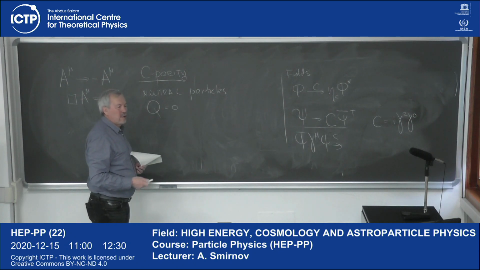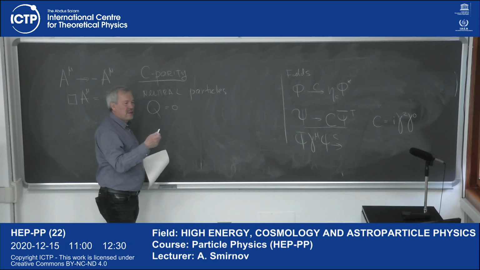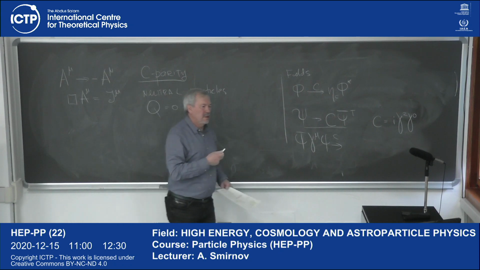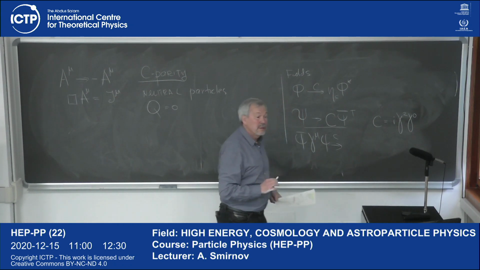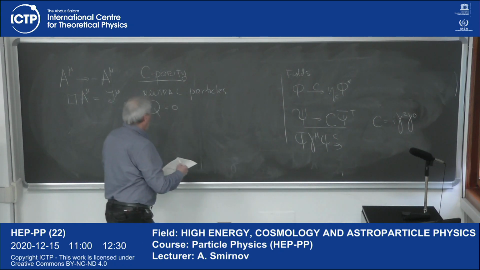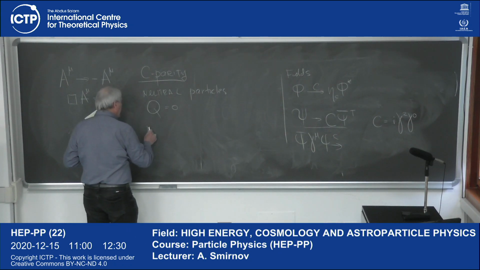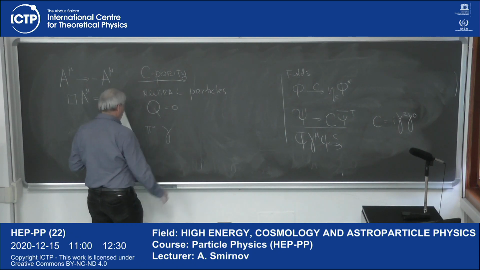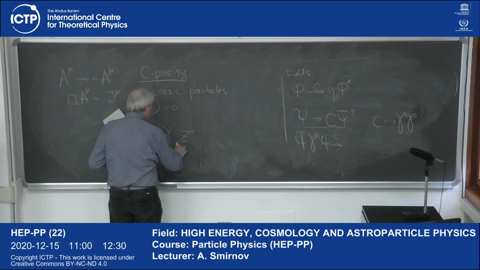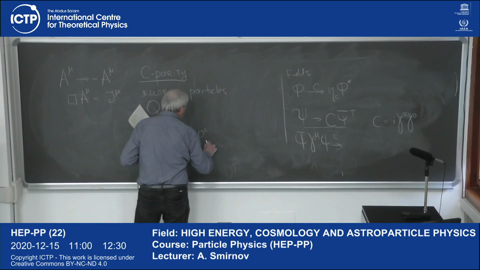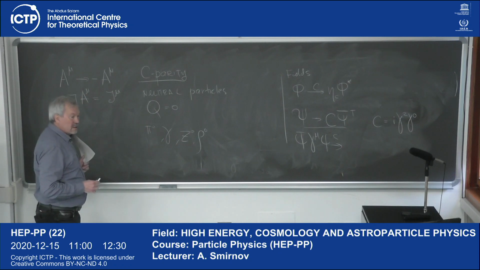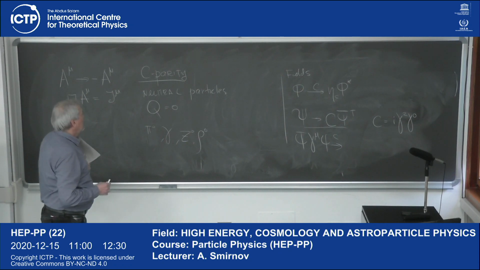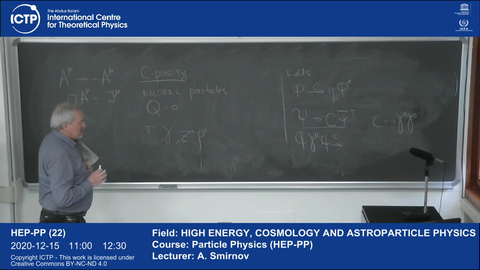Not just electric, but also strangeness is zero, bottom is zero, charm is zero. So all the quantities have zero value. What are these particles? Examples are pi0, gamma, the photon, Z0, the rho0 meson, and particles like this.